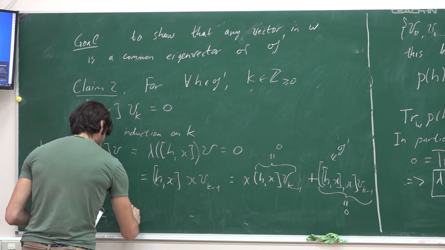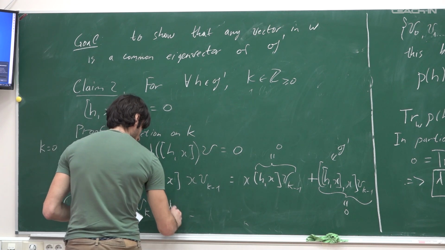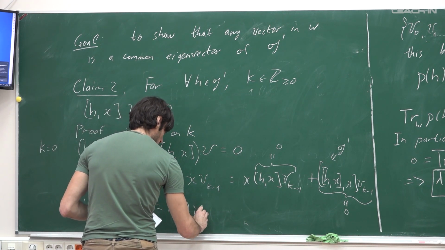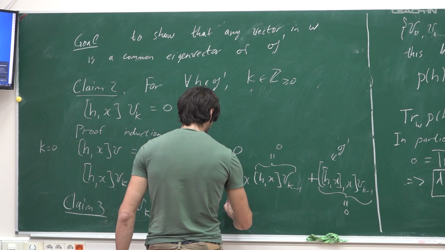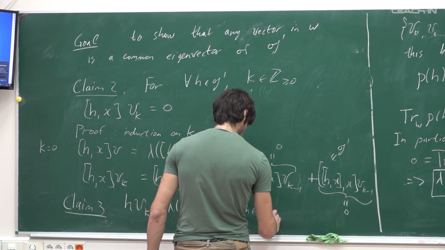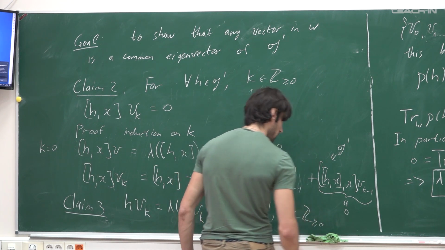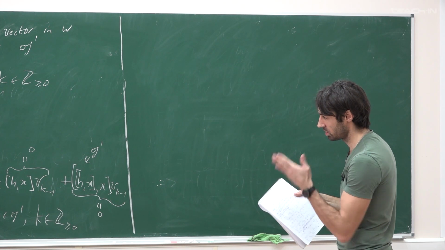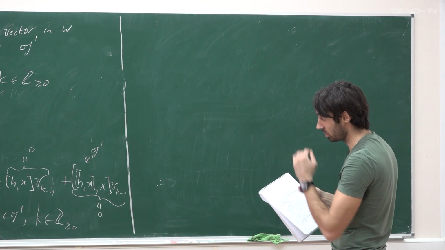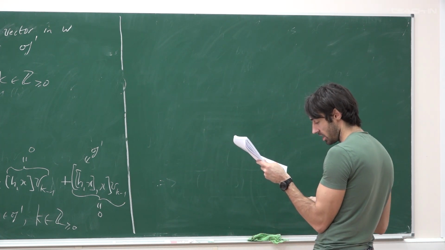is that H Vk equals lambda of H Vk for every H in G prime and k in Z greater or equal than 0. Which just finishes for us the step of induction, right?